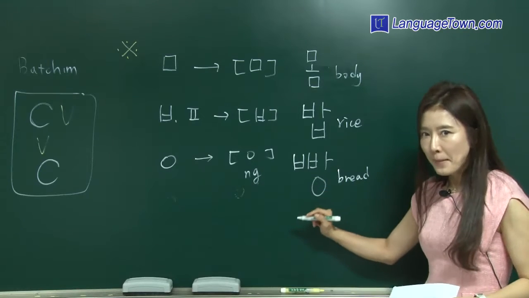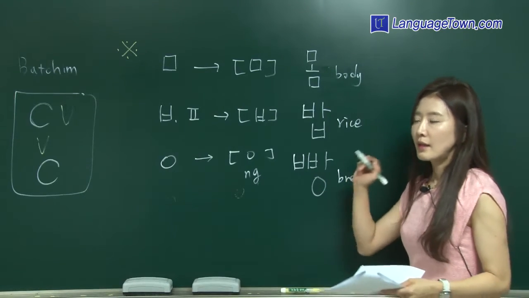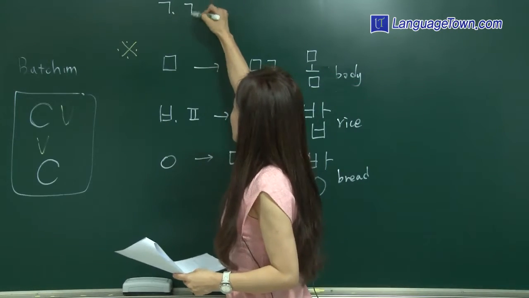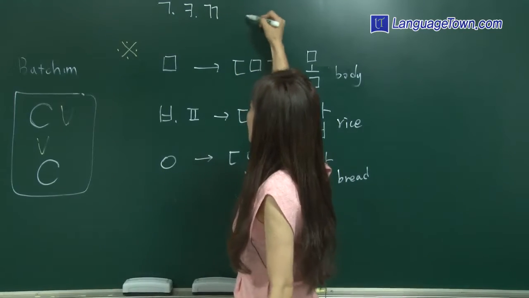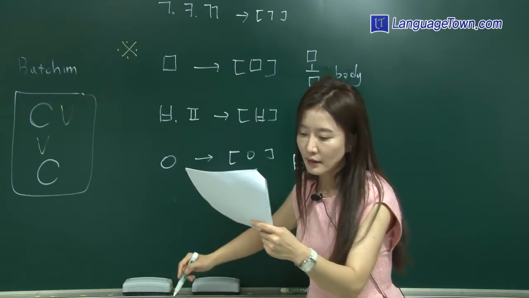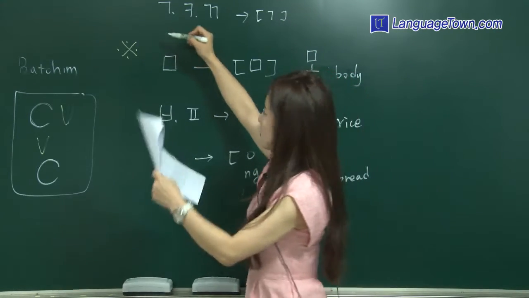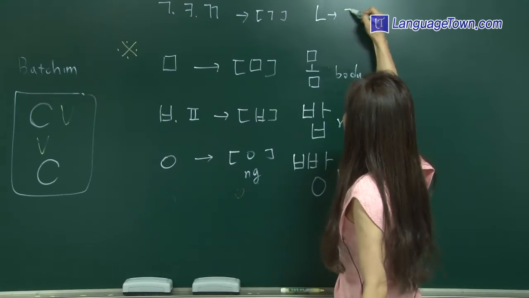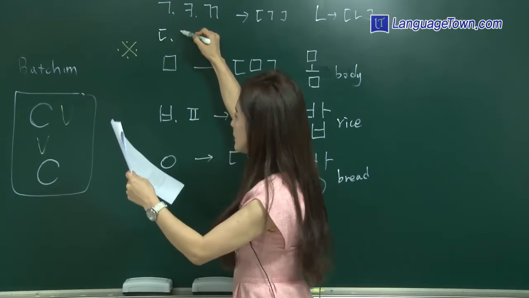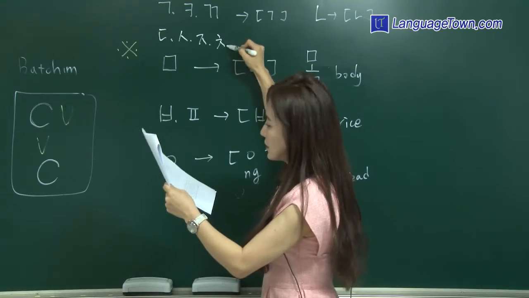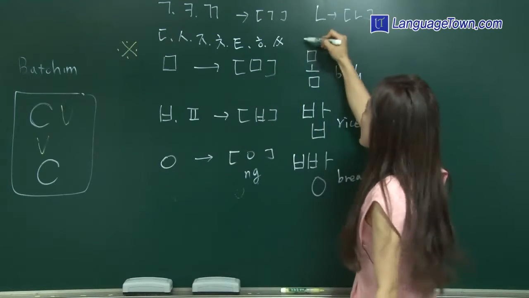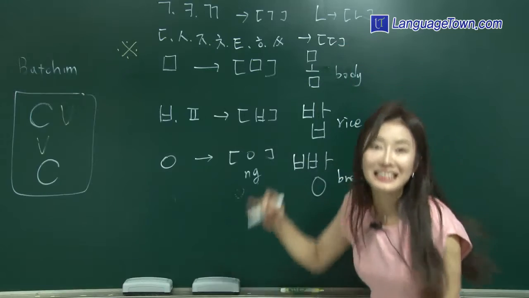Okay, let's review all again. If 그 comes to 받침, it's a 그 sound, right? And then 느 sounds the same, right? And then next, if 드, 스, 즈, 츠, 트, 푸, 스 come to 받침, they all sound 으.